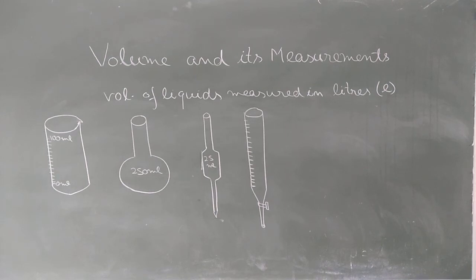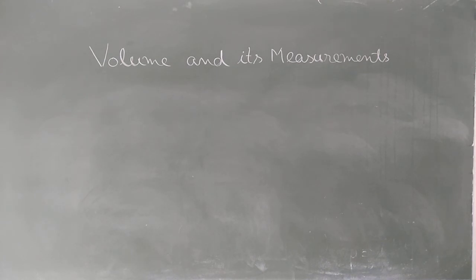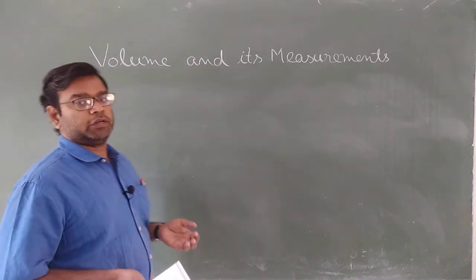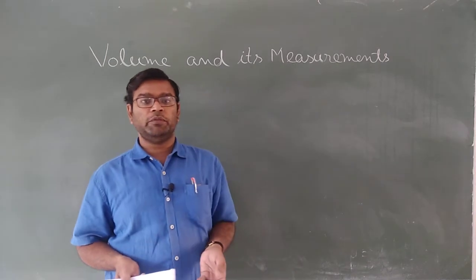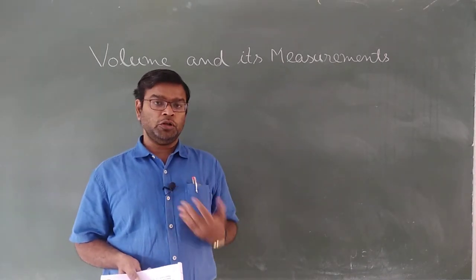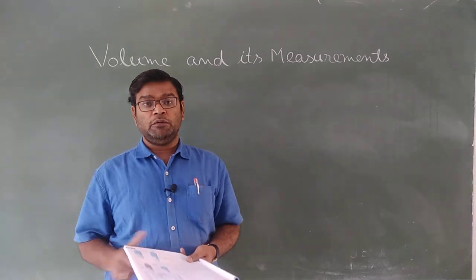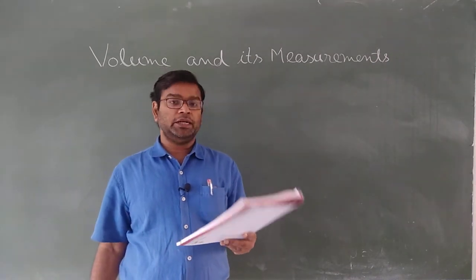Move to the next topic. Now we are going to discuss two activities, how we measure the volume of irregular shaped bodies using a measuring cylinder.